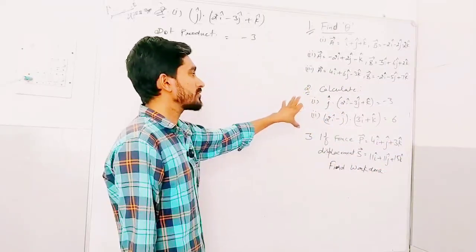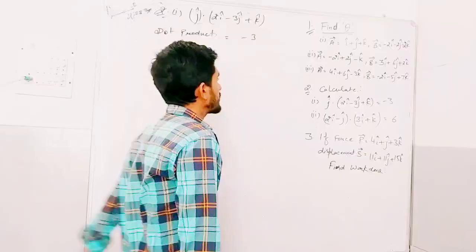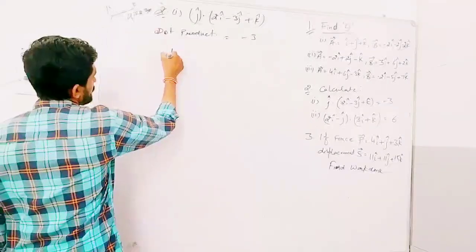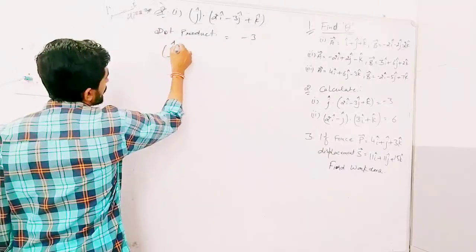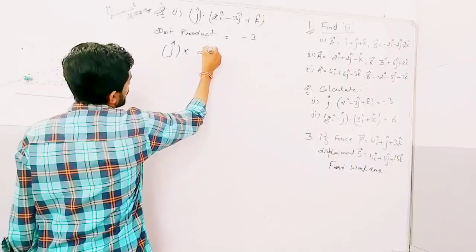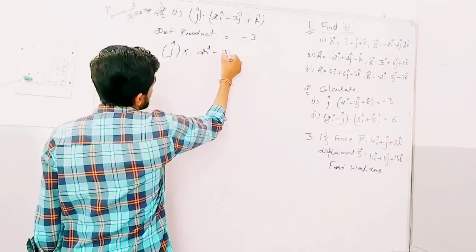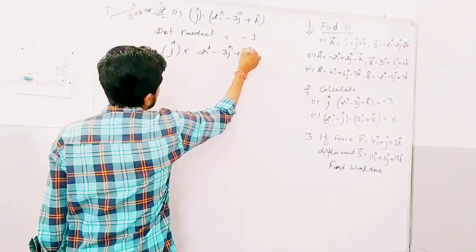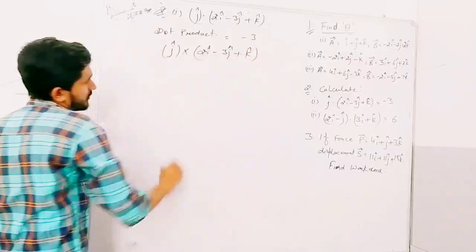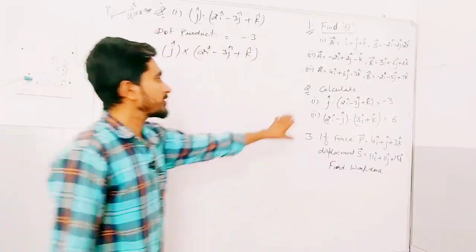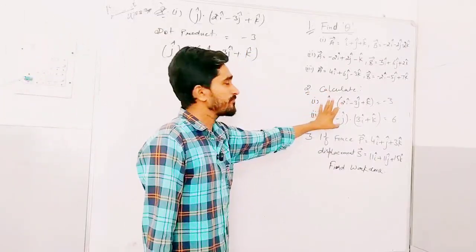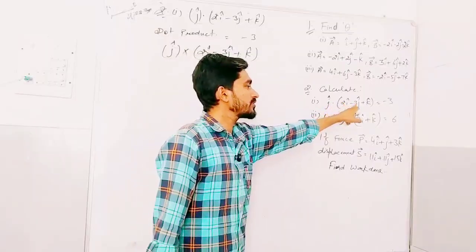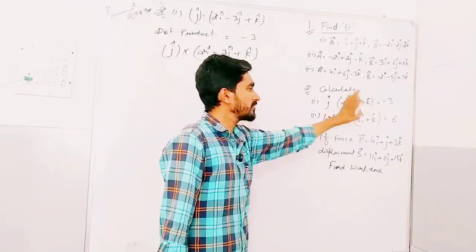But we have to calculate the cross product also. Let's find the cross product. j cap cross 2i cap minus 3j cap plus k cap. The dot product calculation is done here only. j into j is minus 3.